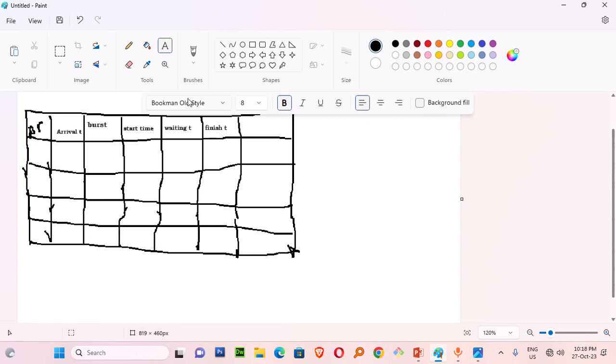And lastly, we shall calculate here the turnaround time.